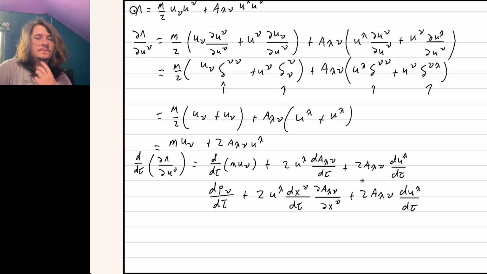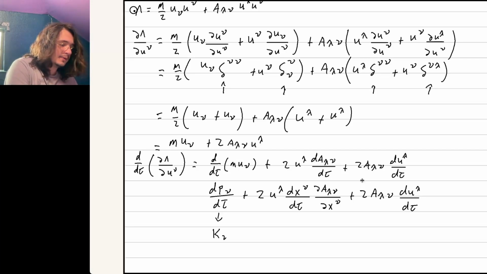And then, by definition, the time derivative of world momentum becomes a Minkowski force. So that's k sub nu. But nothing else really. Oh, yeah. And then dx^nu d tau is just u^nu again.